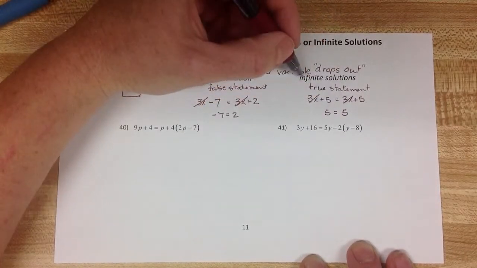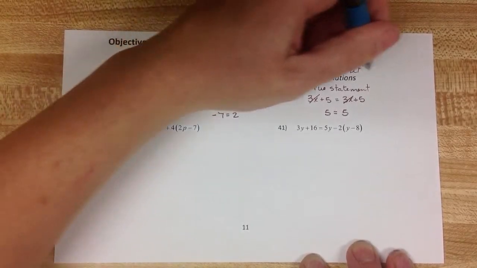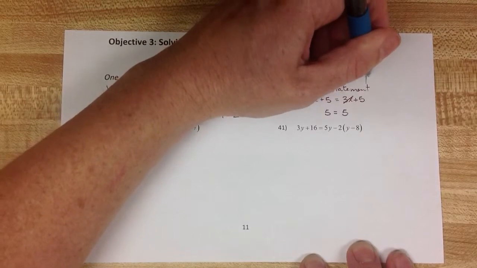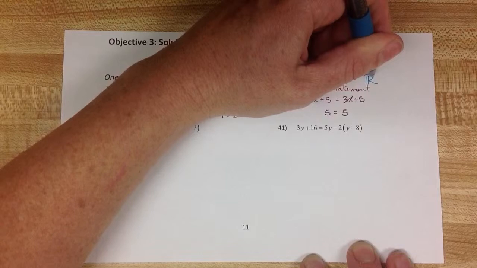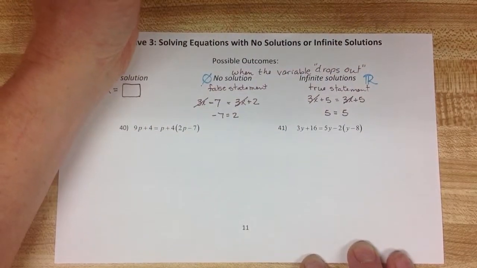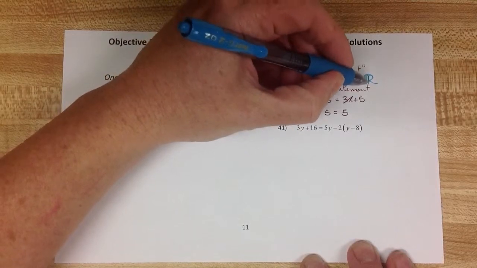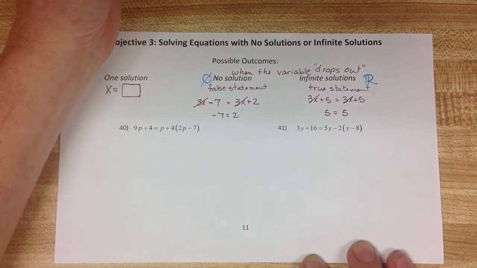We call that an infinite number of solutions, and the symbol that we use to represent it is this funny looking letter R. You make a capital letter R with two lines in the front. You could also think of it like the paragraph symbol from English turned into an R because it's got that tail on it.